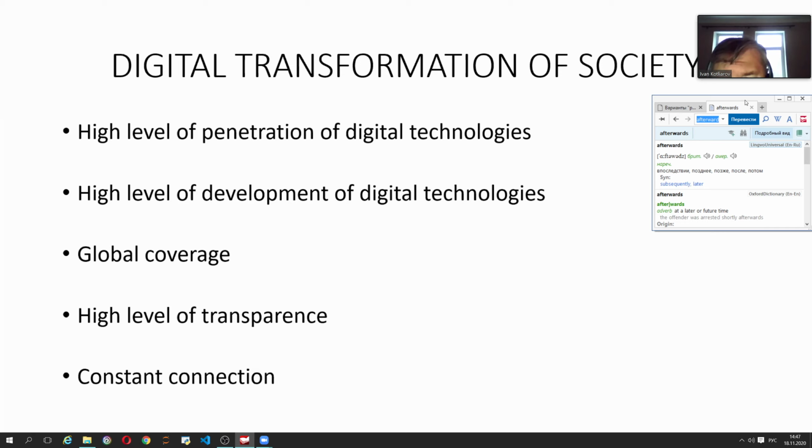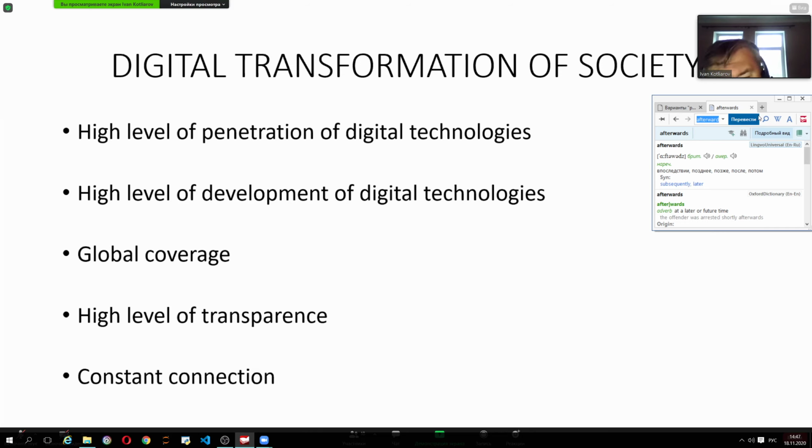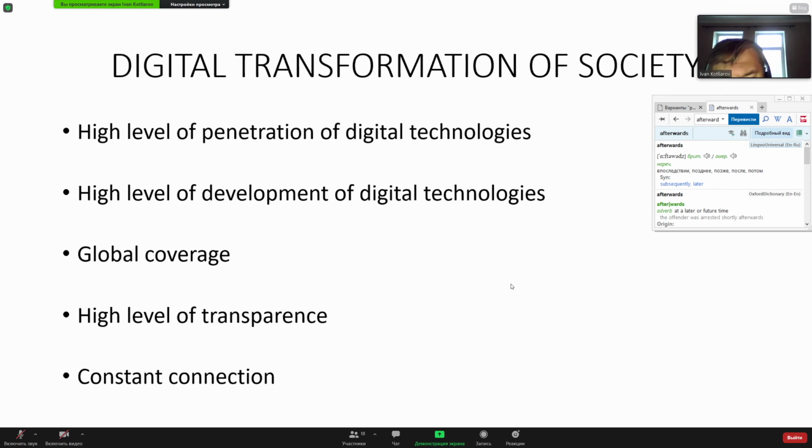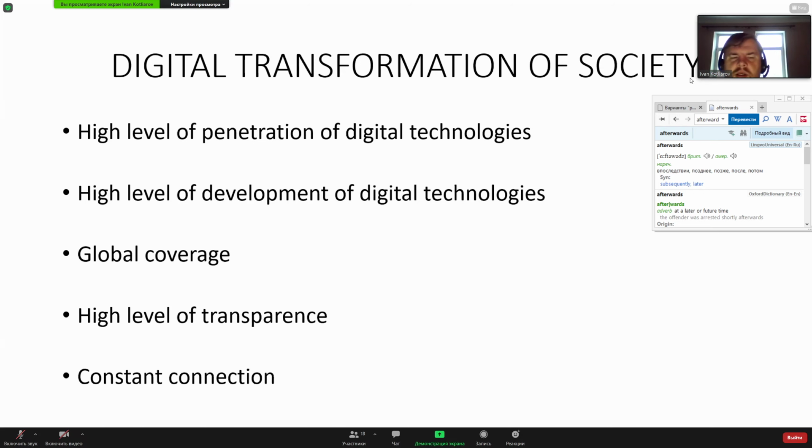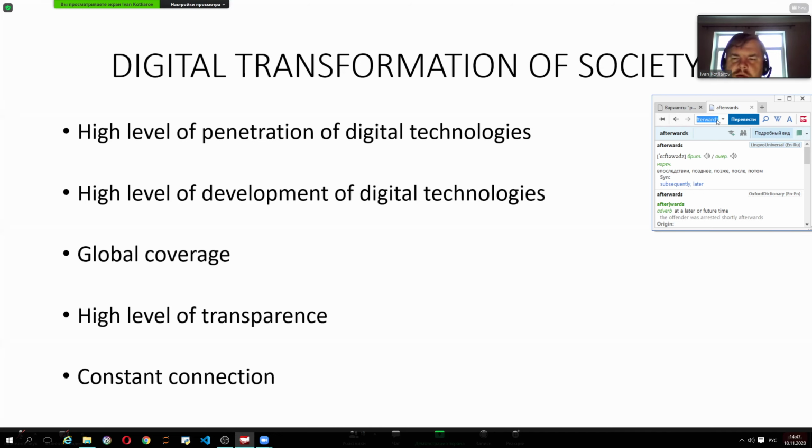High level of development of digital technologies. Okay, guys, what does it mean? You should understand that modern smartphones, modern hardware in general, is much more efficient, much more productive than the hardware, than the equipment that was in use, let's say, 5 or 10 years ago.